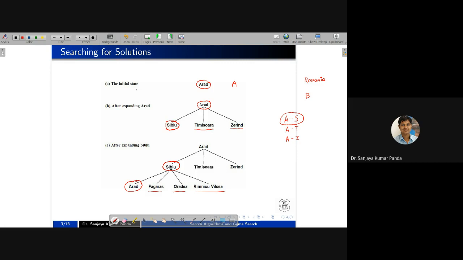city. And in case the distance between A to S or S to A, especially S to A, is least in comparison to S to F, S to O, S to R, then you will find that there is a loop. Right?